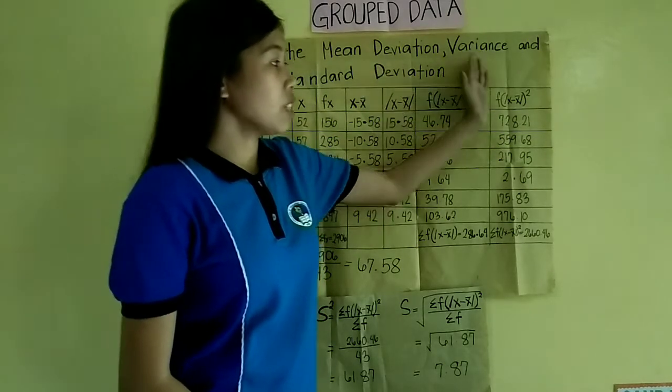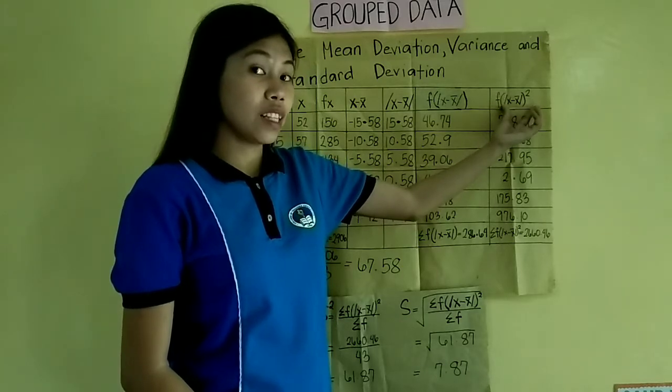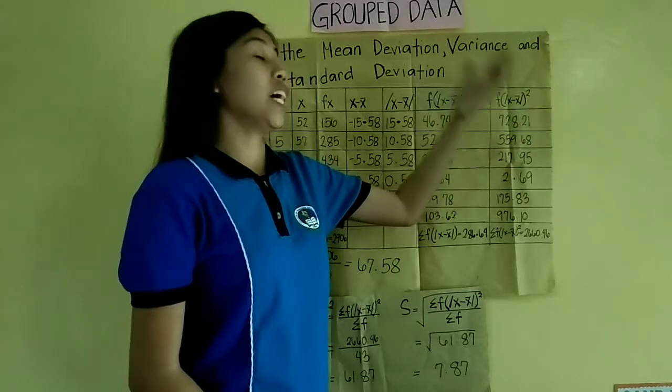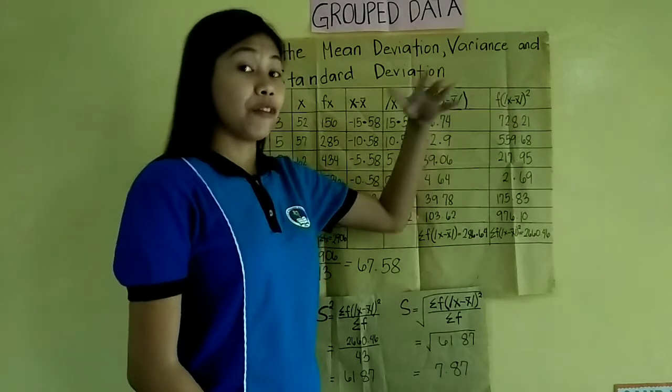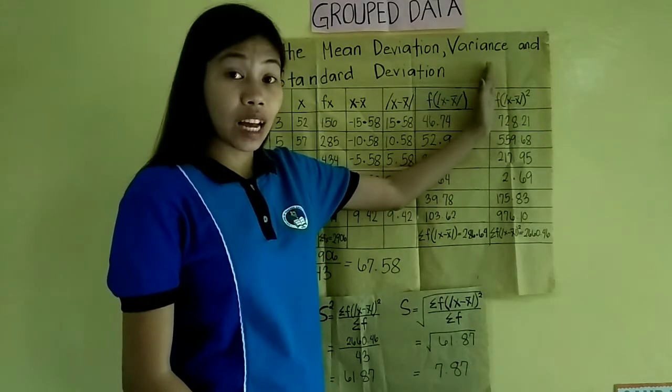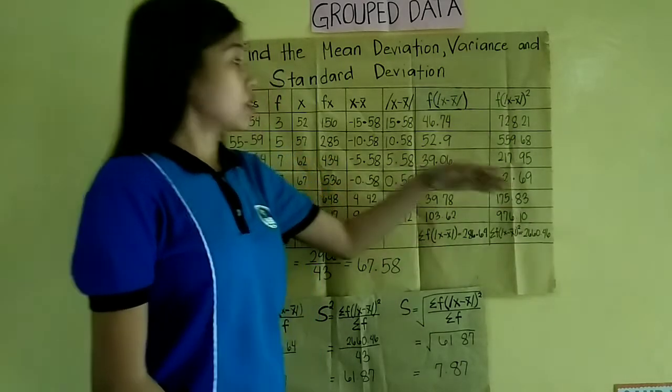That means you square first the value of x minus mean. Square the value of x minus mean, again, and after that, multiply it by f. To get this.